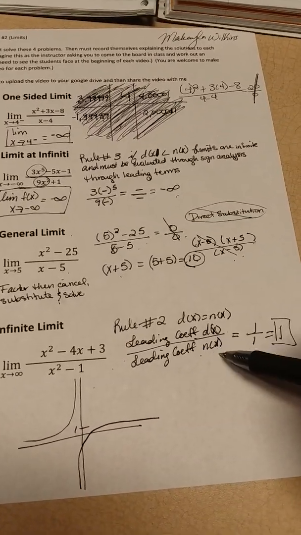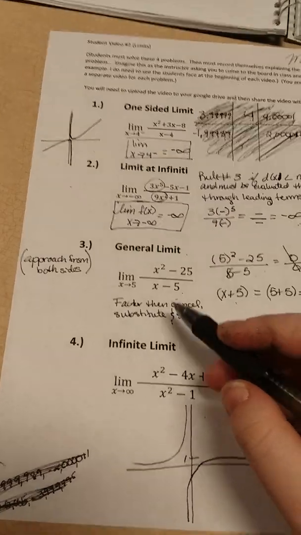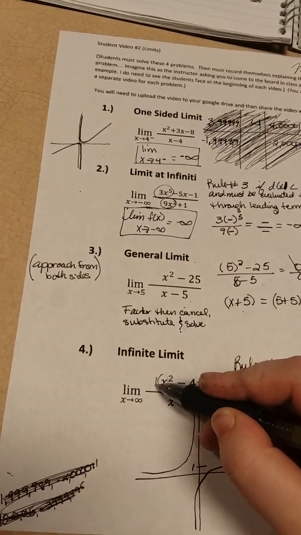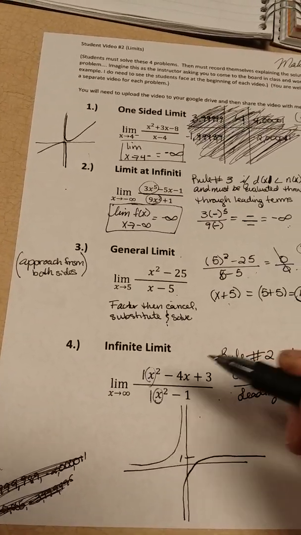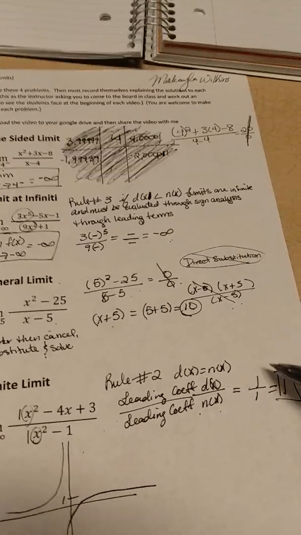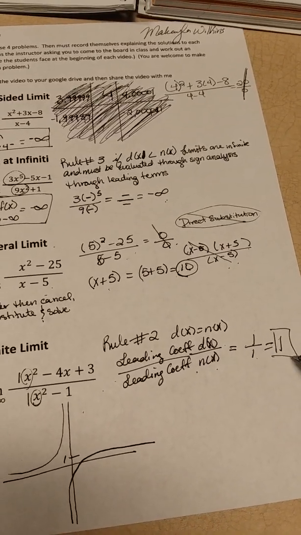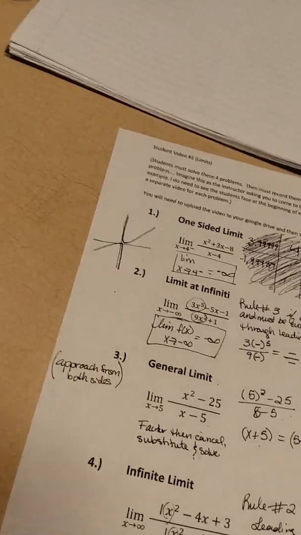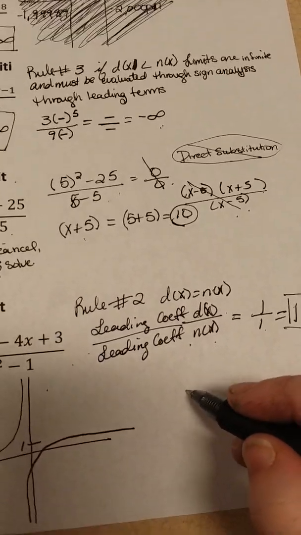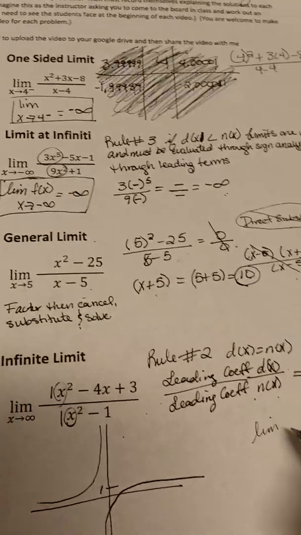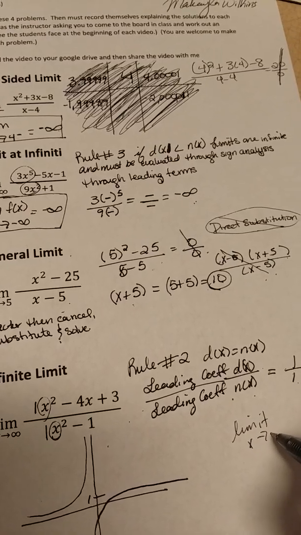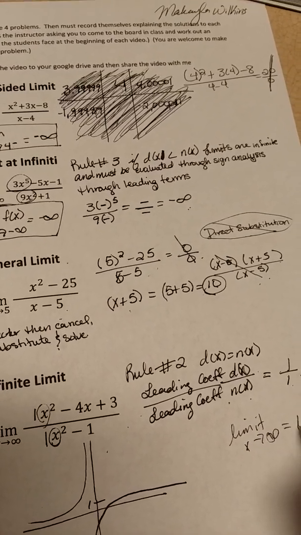In this case, since it's just x squared, it's like imagining a little 1 right there. So that leads me to 1 divided by 1 equals 1. So the limit as x approaches infinity equals 1.